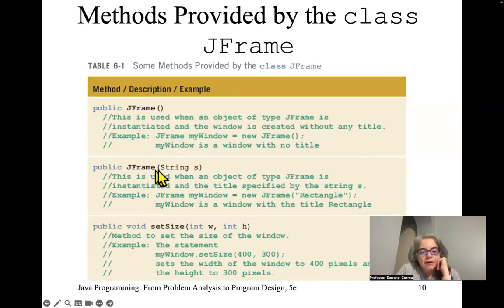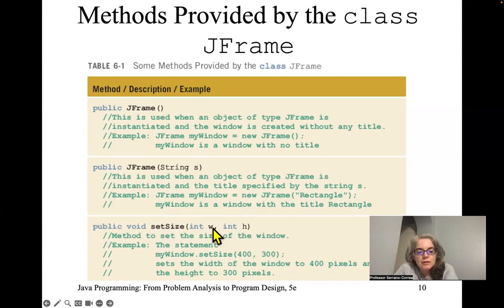You have a string. So JFrame, you pass it a string. This is used when an object of type JFrame is instantiated. So you're creating a new window, you're instantiating a window, and you're specifying the title of your window. So the title of this window would be rectangle. Then when you want to set the size of the window, you would use the method called setSize.